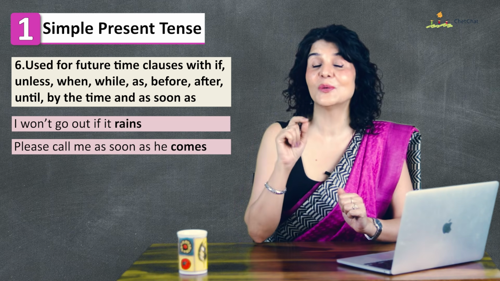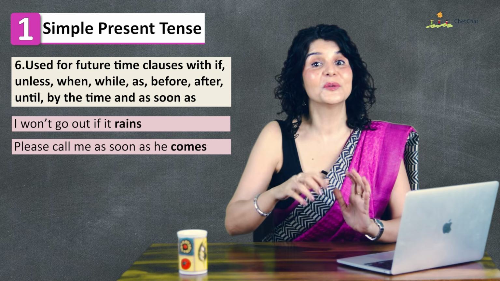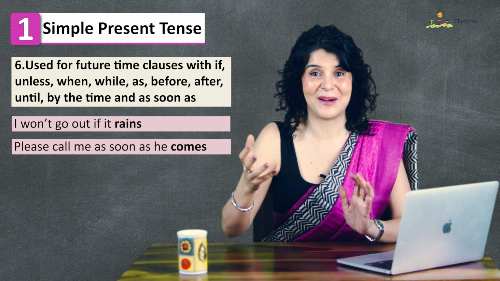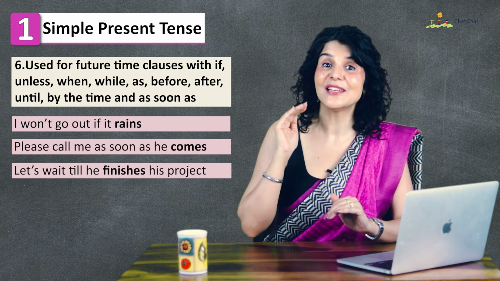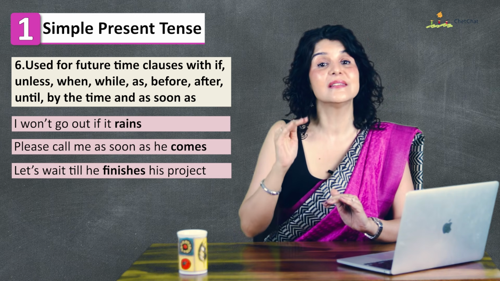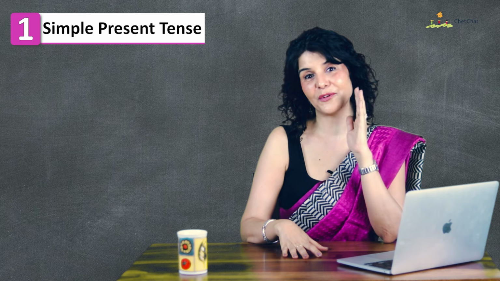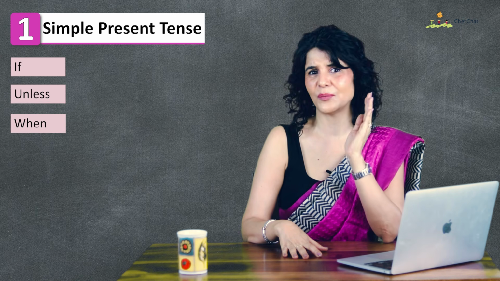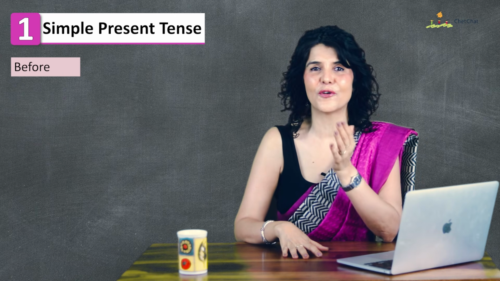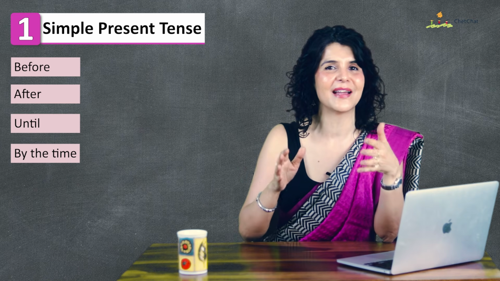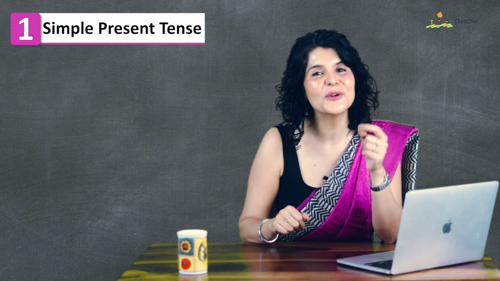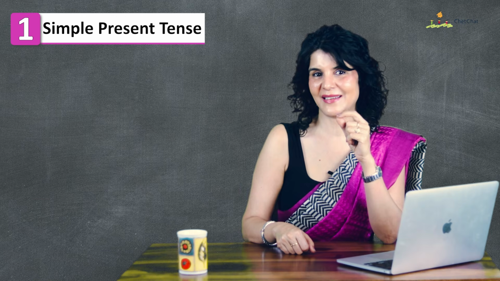Please call me as soon as he comes, not as soon as he will come. Now, let's wait till he finishes the project, not till he will finish. So, whenever you see these words for future clauses, if, unless, when, while, as, before, after, until, by the time, as soon as, you would need to use the simple present tense.